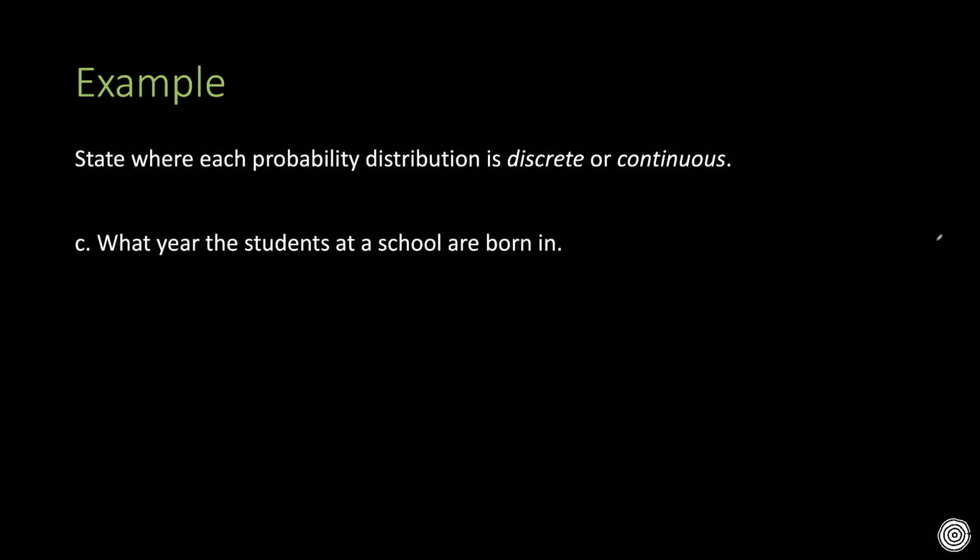All right, now we want to state whether the probability distribution of what year a student was born in at a school is discrete or continuous. Now I could say at a school somebody being born in 1987, 2013, 2005, 1998, whatever. Now the concept of time is infinite. And you might think, well, I can have an infinite possibility of years, that I can list here. It's all relative to the question. And okay, you're right.